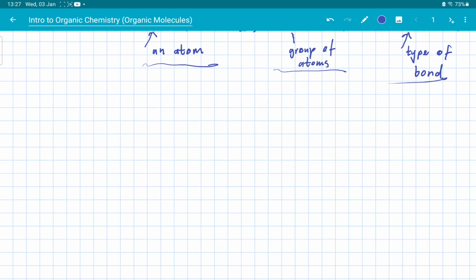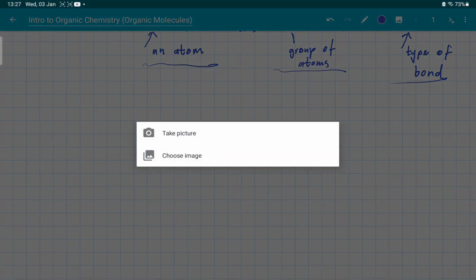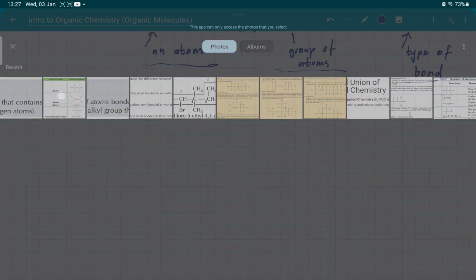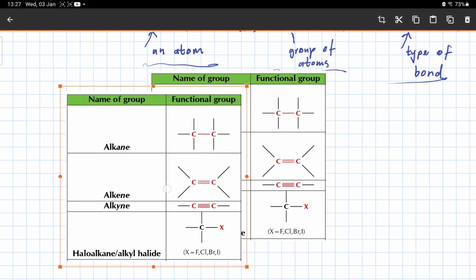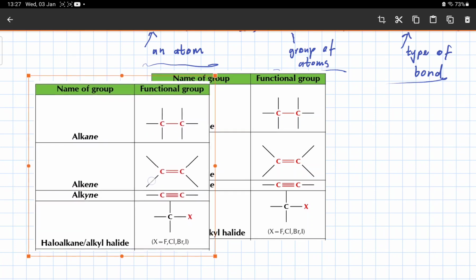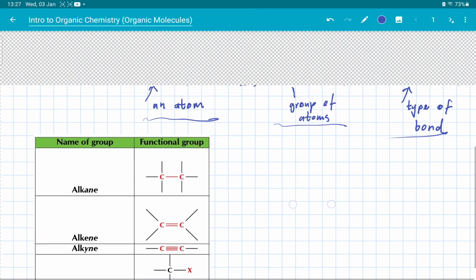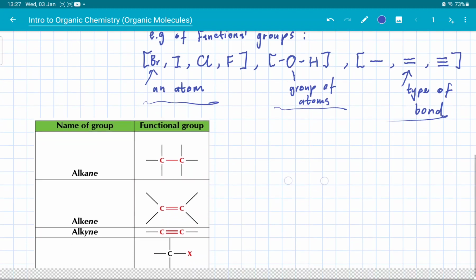So I think I have saved, but I don't know now. Let's go to pictures, choose image. Yeah, I'm looking for this one. Let's place it somewhere here. So now I have examples here.